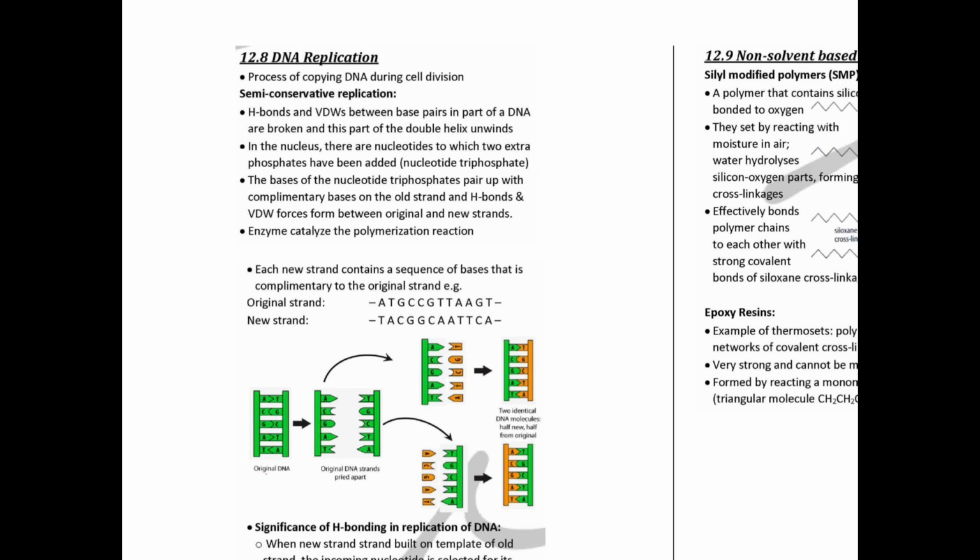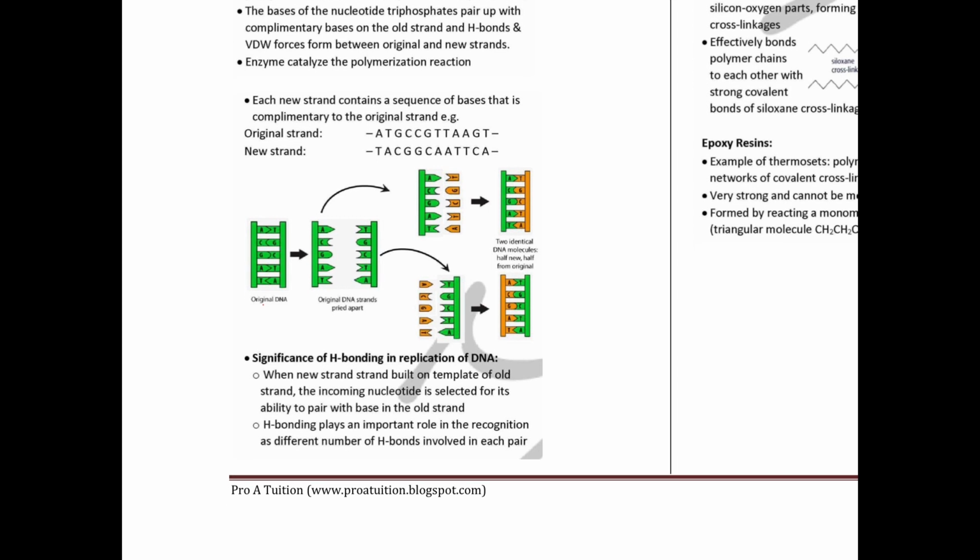Okay, now let's move on. Significance of hydrogen bonding in replication of DNA. So very important, because hydrogen bonds make the pairing happen correctly. That is the role of hydrogen bonds. It makes the pairing of the bases happen in the correct manner.